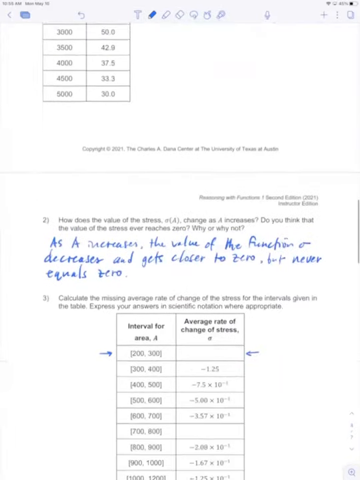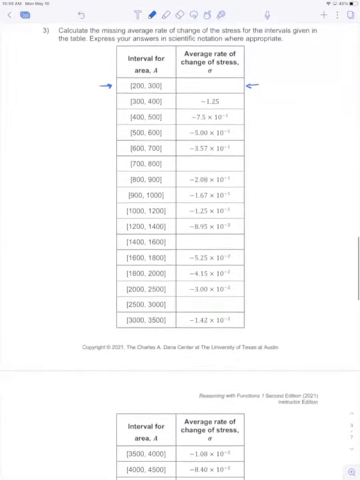So I'll write the numerator of a fraction as 500 minus 750, over the denominator, 300 minus 200. 500 minus 750 gives negative 250 over 100, which ends up being negative 2.50. That's what I'll put in our table.